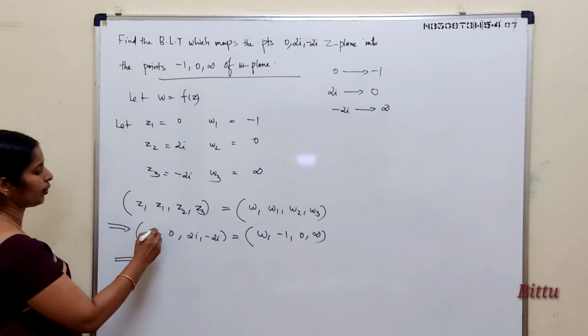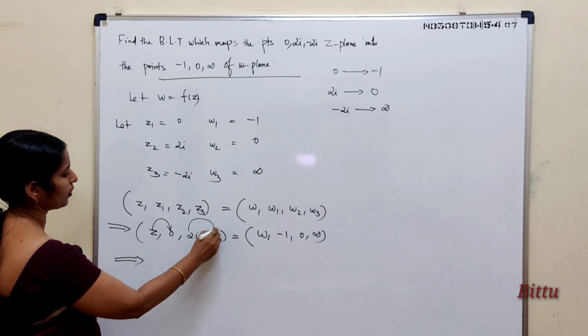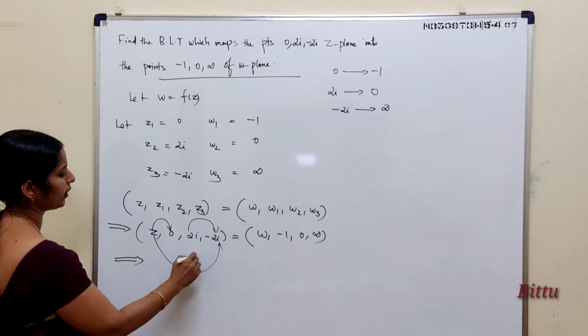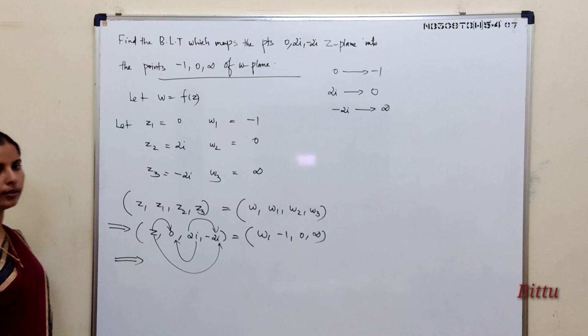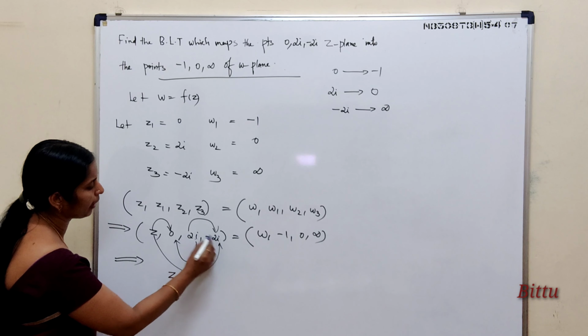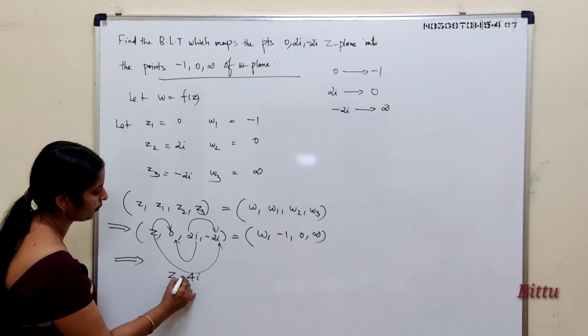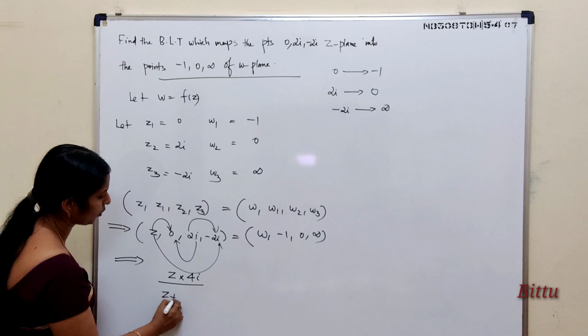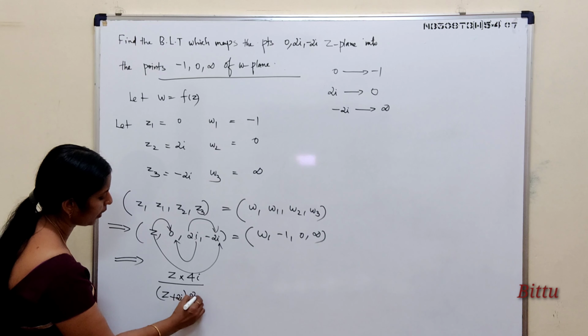This implies, its cross ratio is Z minus 0 into 2i minus 2i, the whole divided by Z minus 2i into 2i minus 0. Z minus 0 is Z, into 2i minus 2i is 4i, by Z plus 2i into 2i, right?